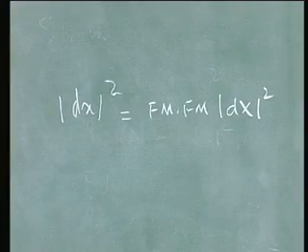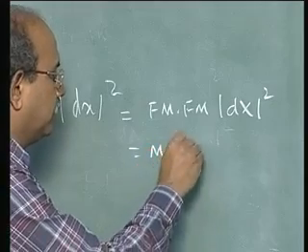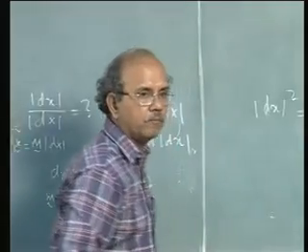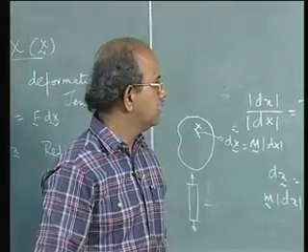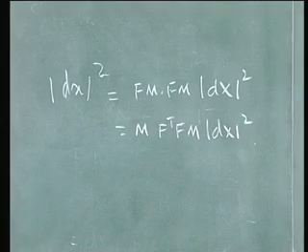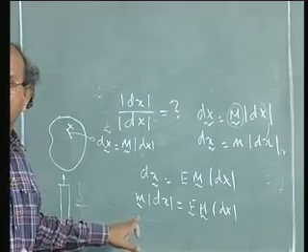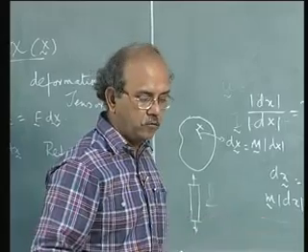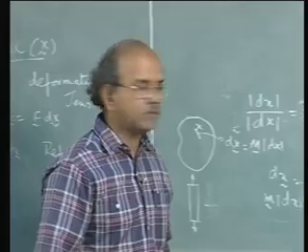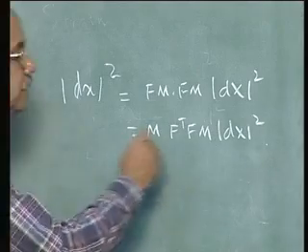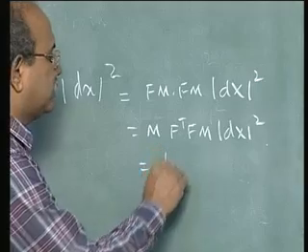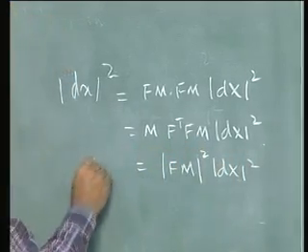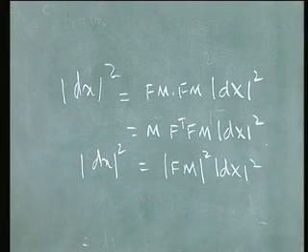This can be written by using the transpose formula as M F transpose F M d capital X squared. Since M is a unit vector, M dot M goes off. So obviously what you will have is only the capital M. So this is FM d capital X squared is equal to d small x squared.